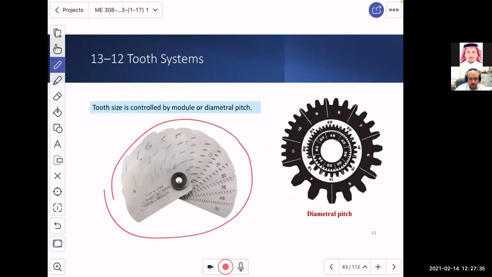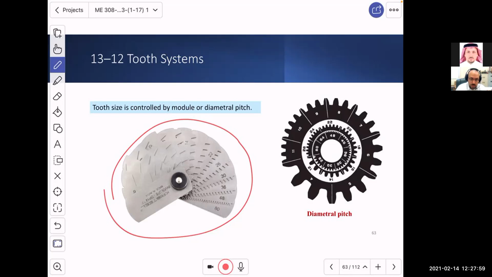If you've been in the machine shop, you might have said, I have this bolt and I have this nut, and they don't fit together. If you look at the thread, they look the same.